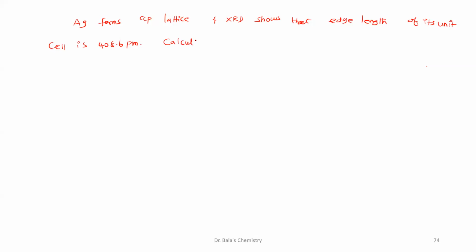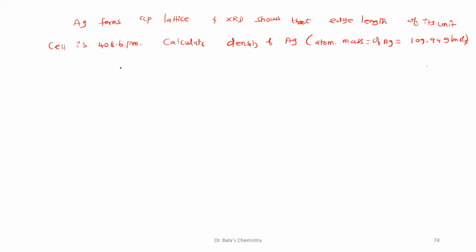Calculate density of silver if the atomic mass is given. Atomic mass of silver is equal to 107.94 gram per mole. Okay, these are all the things given to you.